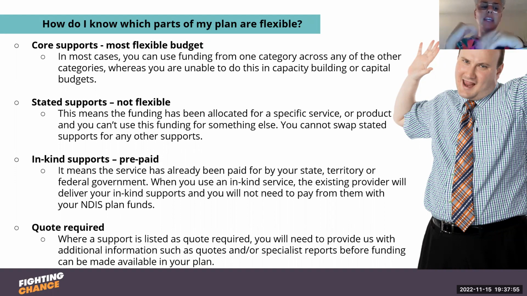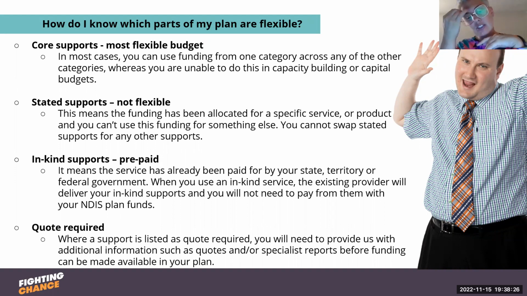If you've got in-kind supports funded in your plan, which might seem like a weird, what does that mean? It means that the service has already been paid for by the state, territory, or federal government. So that can include disability transport to and from school. That can include a hearing product, you can have in-kind hearing supports.